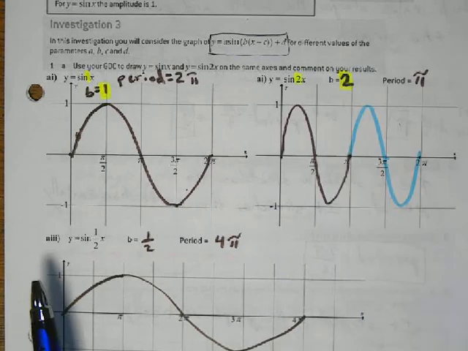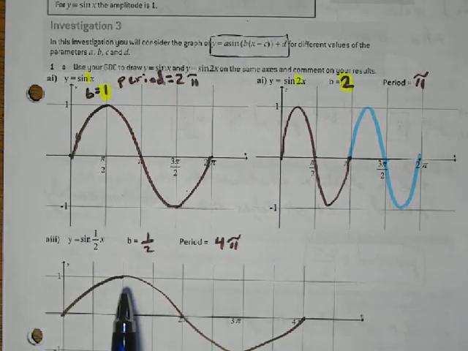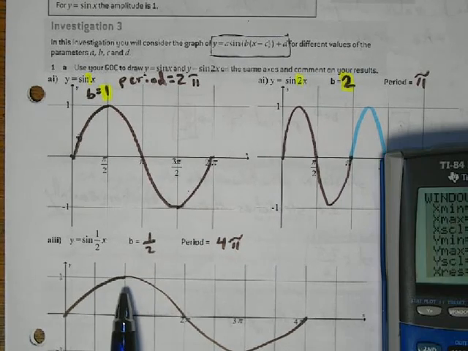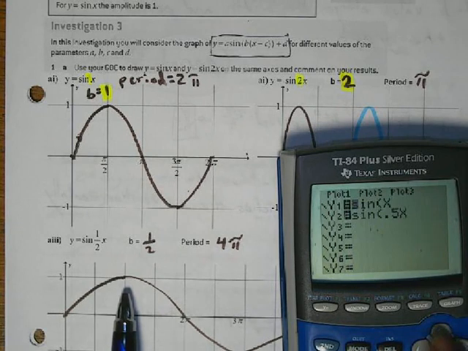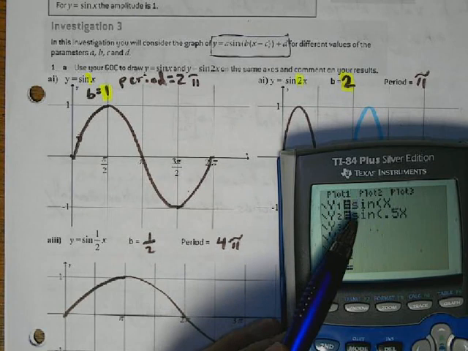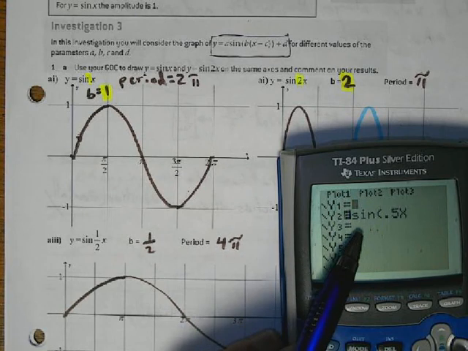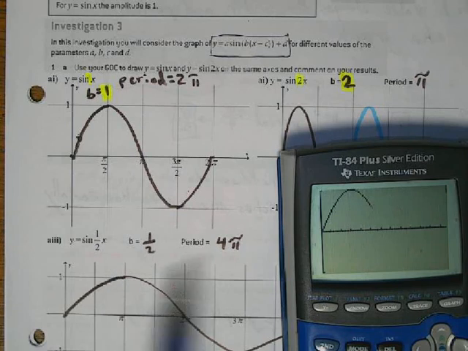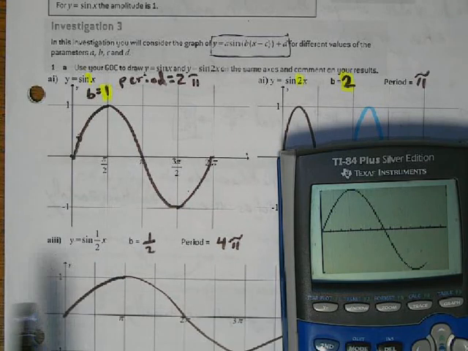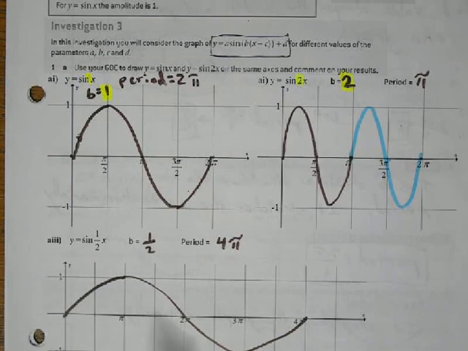So I have to extend my window to 4 pi. And I'm going to delete this sine x, so we're just going to see the sine 1/2 x graph. If this is set from 0 to 4 pi, we know we get 1 full period between 0 and 4 pi.